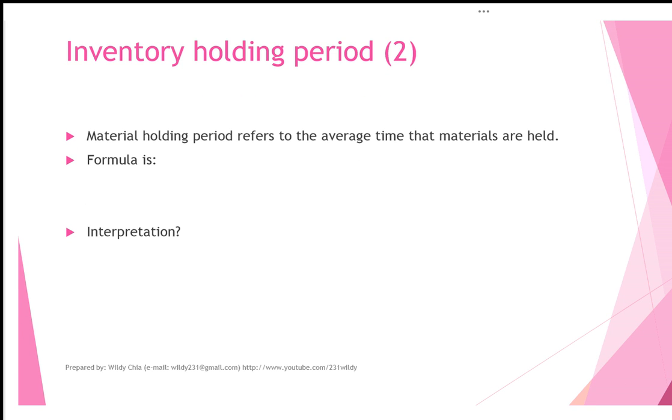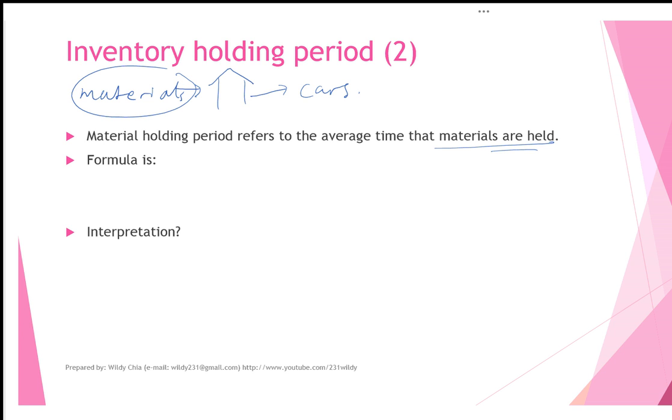What do we mean by material holding period? It refers to the average time that materials are held. Imagine a factory producing, for example, cars. This factory needs to hold certain amounts of materials. How long should the materials be held?